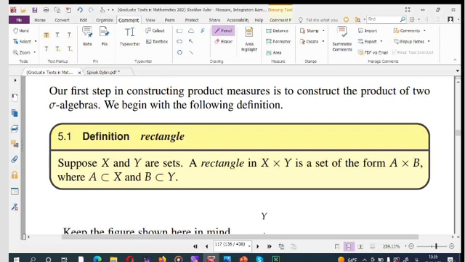A rectangle in X multiplied by Y is a set of the form A multiplied by B, where A is a subset of X and B is a subset of Y. If we take the product of any subset of X with any subset of Y, we have a rectangle in this product space.